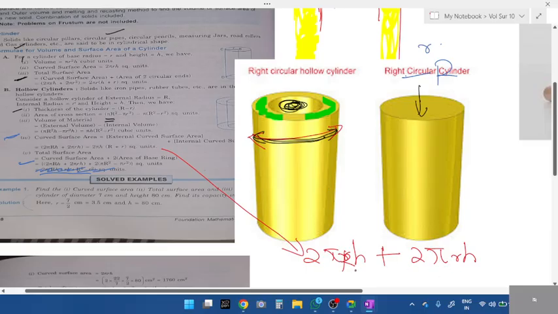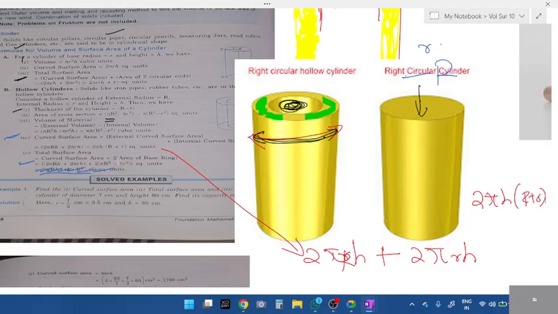Better remember like this. If you want, you can take out 2 pi h as common. So 2 pi h is common, capital R plus small r. That is what they have written. And one more thing, we don't need to subtract it. Basically we can touch both. You can add them.